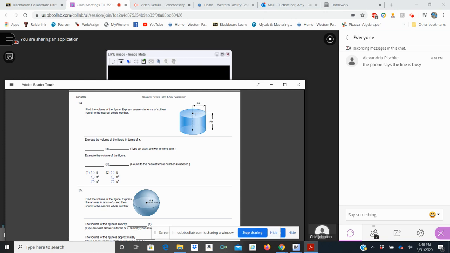The volume of a sphere is 4/3 times pi times a radius cubed. So the only thing you need to identify here is your radius. And for this particular sphere, our radius is given as 6.